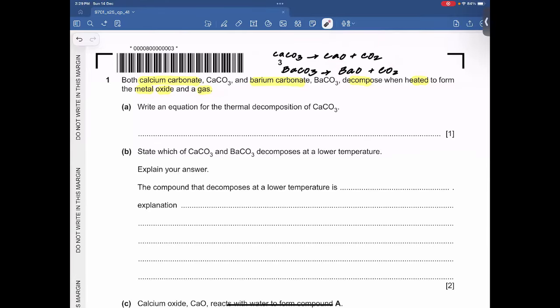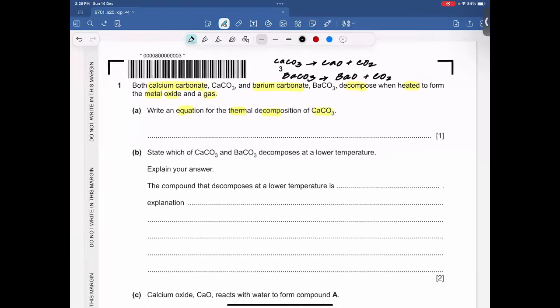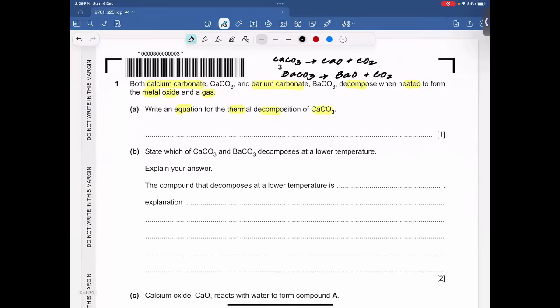So the examiner is looking for an equation in which we decompose calcium carbonate through heating. So the equation is quite easy. Calcium carbonate, when decomposed on heating, will turn to calcium oxide and carbon dioxide.